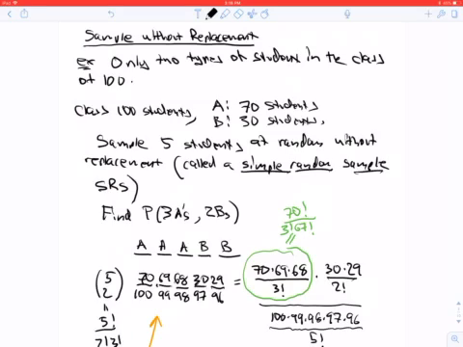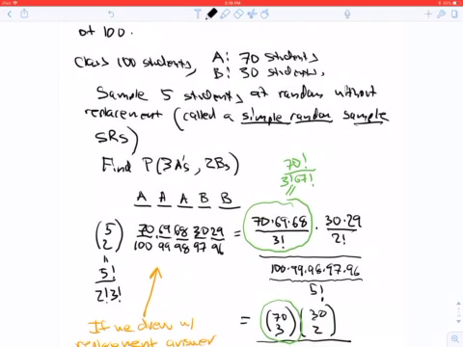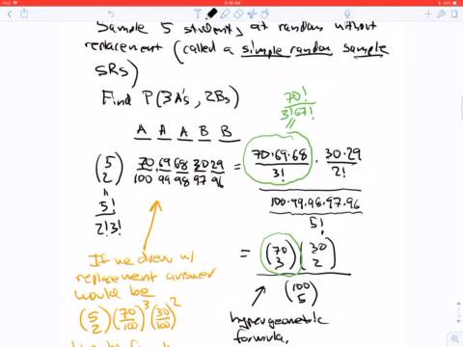let's take a look at this. Say that we only have 2 types of students in the class. It's a very happy class of A's and B's, and I'm drawing 5 students at random without replacement. That's called a simple random sample, or SRS. So find the probability that we have 3 A's and 2 B's. I'm going to proceed exactly like before. I write out in order my 5 students.